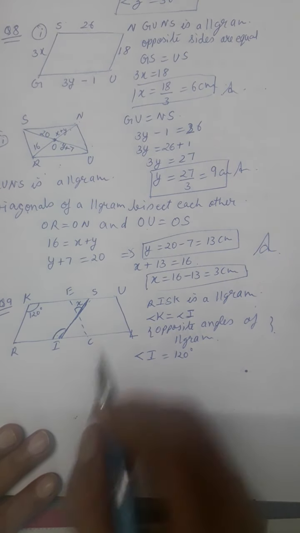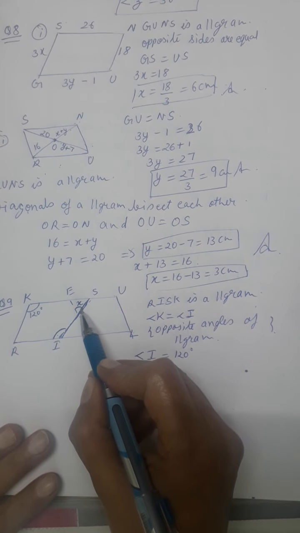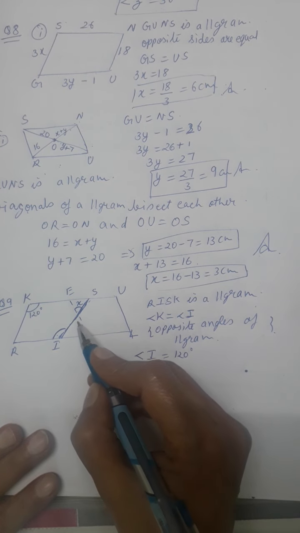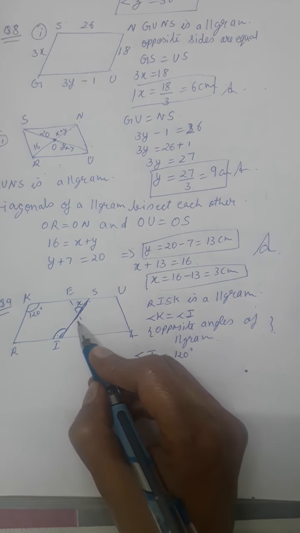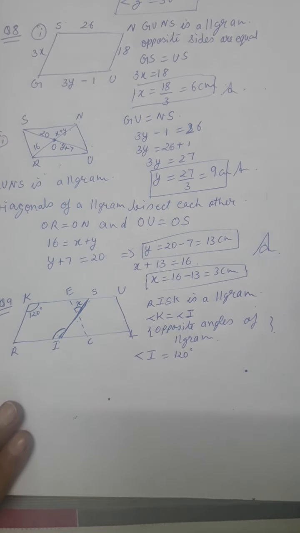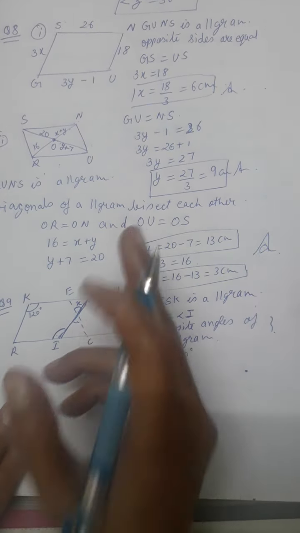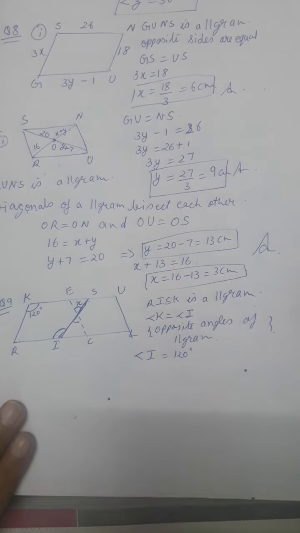Now we are supposed to find out the value of x. If this is x, then this will also be x, because of vertically opposite angles. As you know, when two lines intersect each other, the vertically opposite angles are equal.